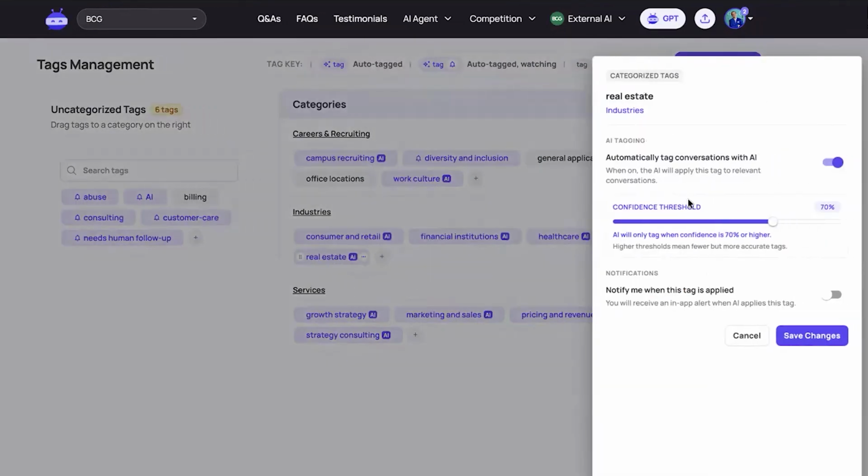And now you can choose three things. The first and foremost is, are you going to automatically tag conversations of this category starting today with AI? So do you want our system to say, hey, all conversations that look like this concept, this theme, tag with something like real estate or 401k or a product or service that you want to make sure you understand what people are talking about?